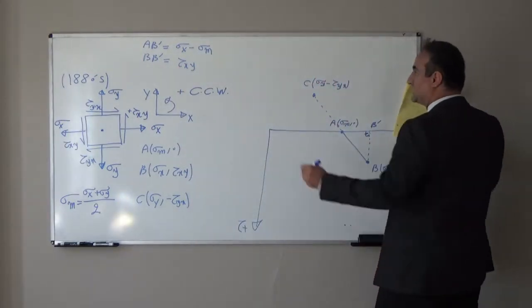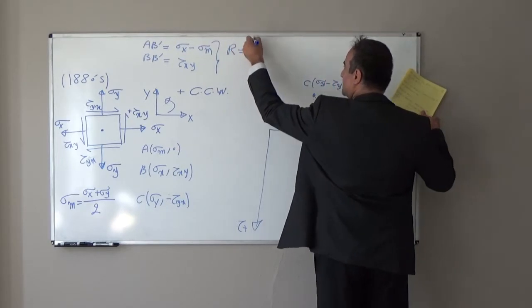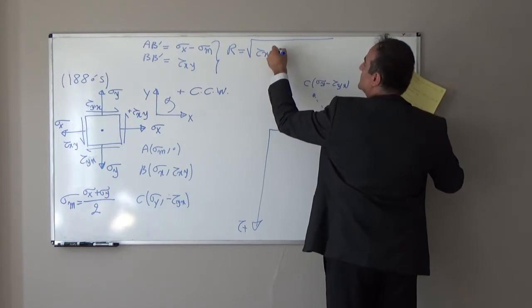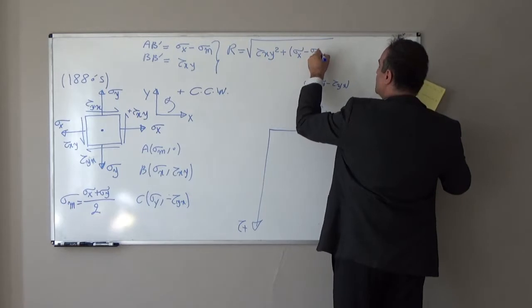So from here, the radius will be equal to the square root of tau xy squared plus sigma x minus sigma m squared.